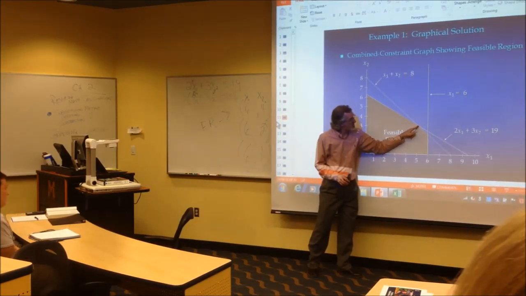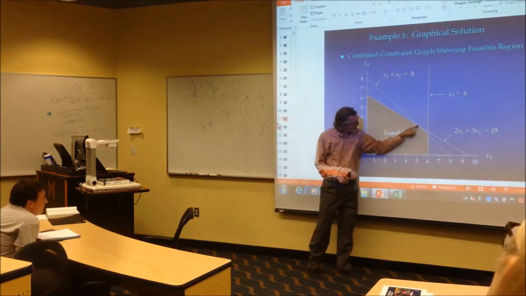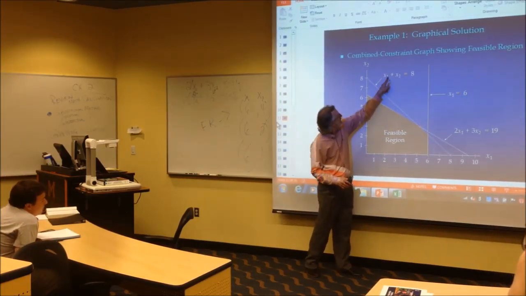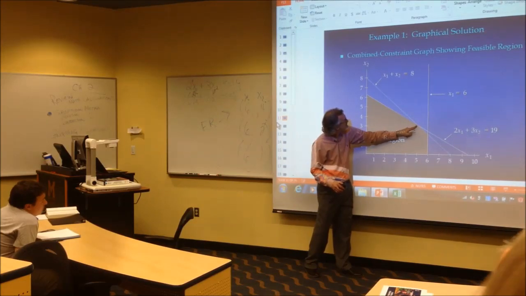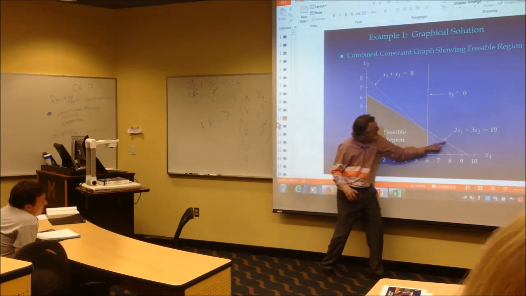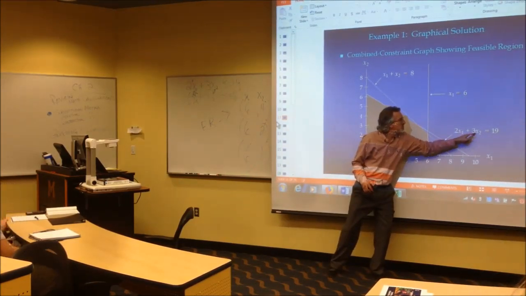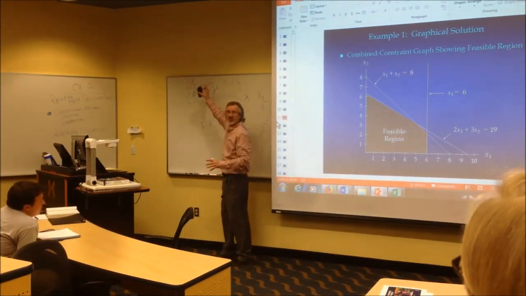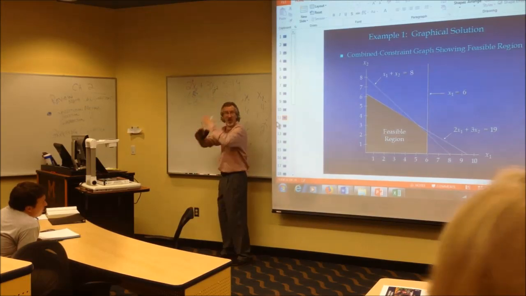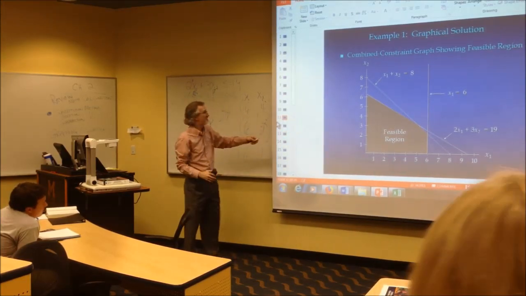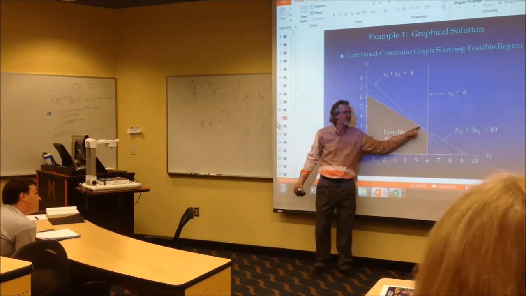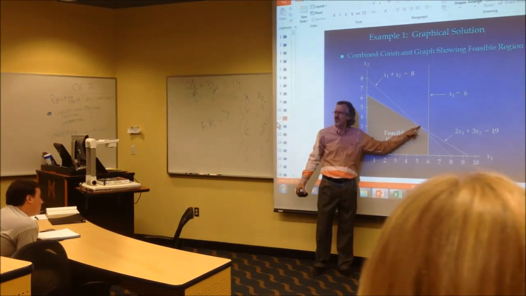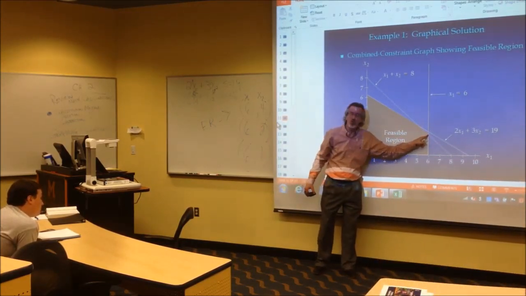You say to yourself, what 2 constraints are forming that point? Okay, it's that one, x1 plus x2 equals 8, and that one, 2x1 plus 3x2 equals 19. Well, let's take those 2 and do the substitution method, addition method, or subtraction method, and figure out where they cross. And what did we get here? Was it 5, 3? 5, 3. But what about this point?